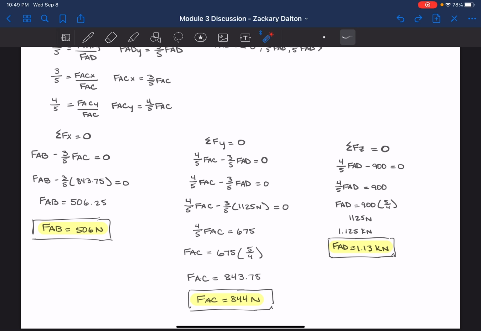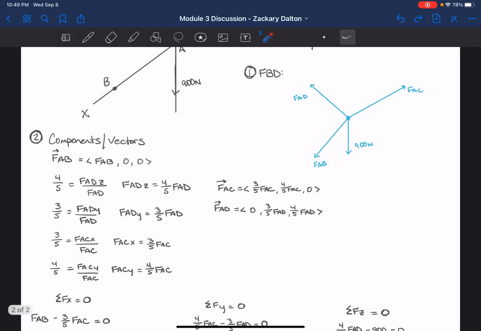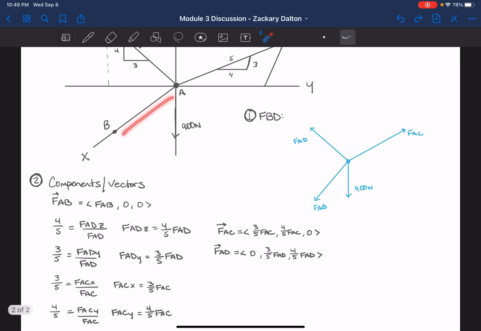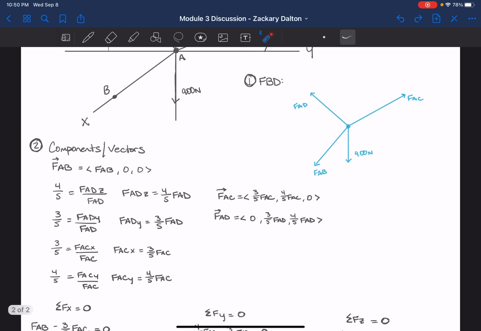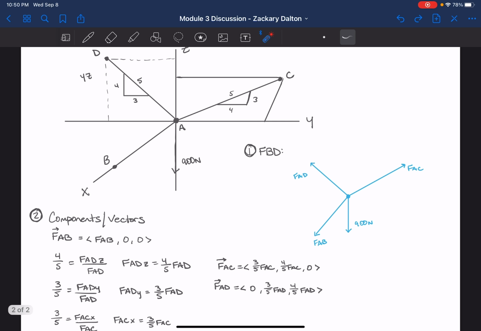The same process applies. You can plug in the values that you got here into this Fx equation to find what your FAB is going to be. So it's just going to be FAB because it's on this line, but then it's going to be negative 3/5 FAC because it's actually moving in a negative x direction because your x is over here and this is over here.